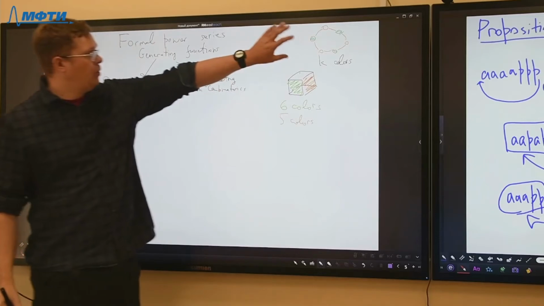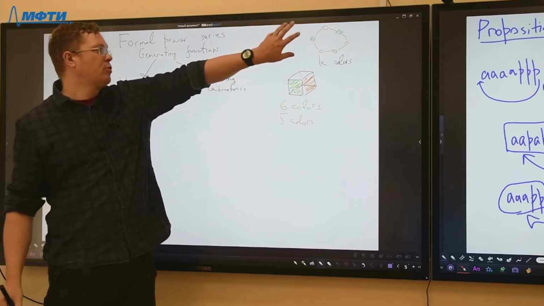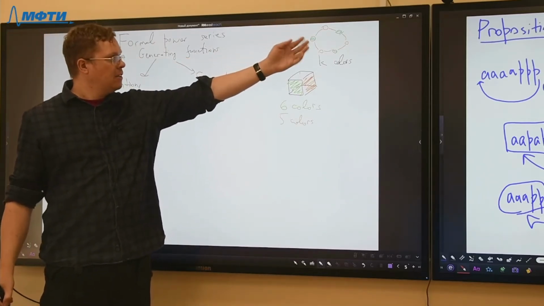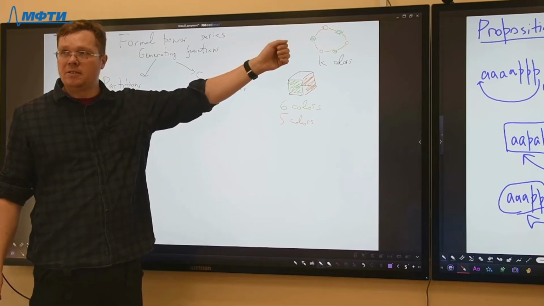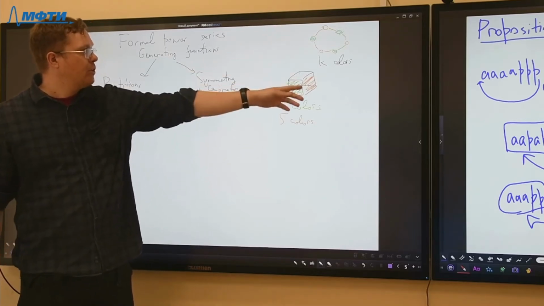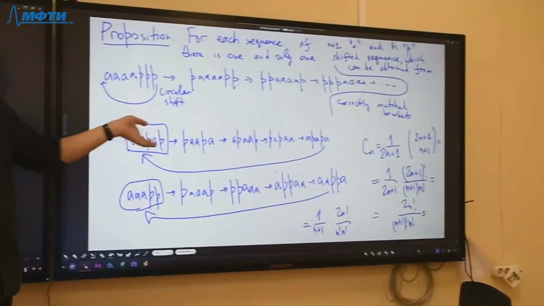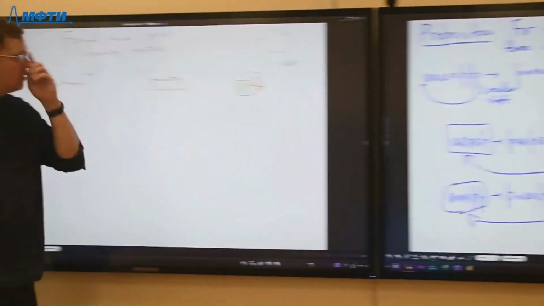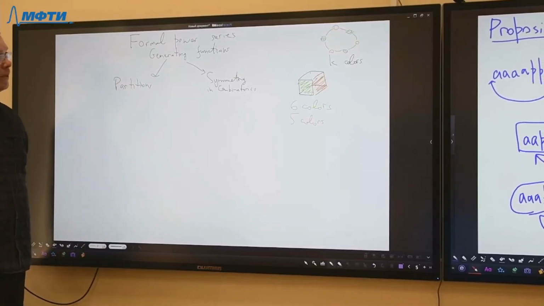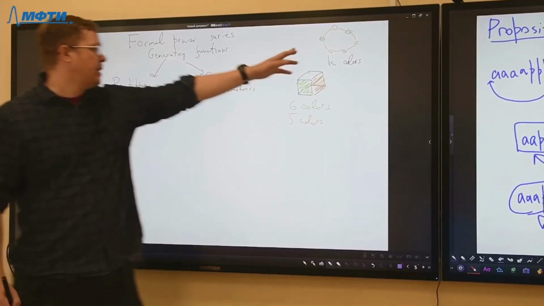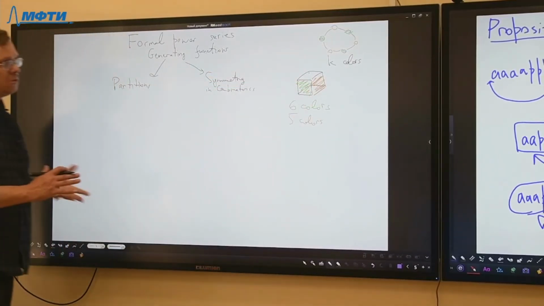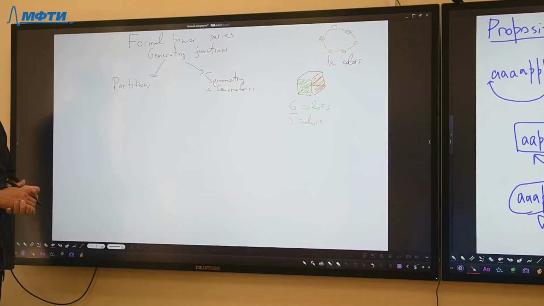Because if you rotate them, or maybe rotate and reflect them, it will be the same necklace. So this idea of rotation is the same idea here. If you want to calculate this, we'll need to use some similar tricks as in the proof of this proposition.